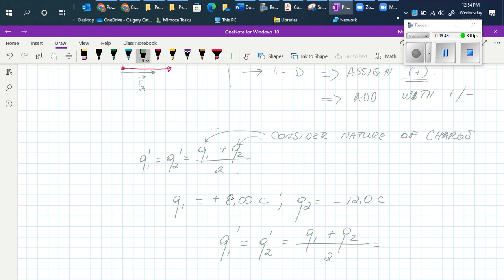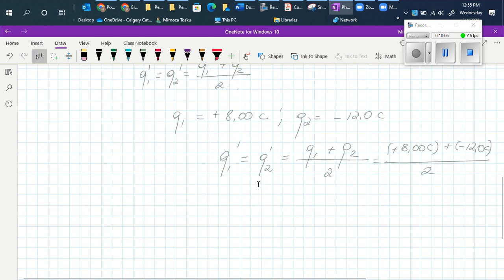Know that what we are doing here is applying the conservation law of charges. So this will be (plus 8 plus negative 12 coulombs) over 2. So the magnitude and the nature of the new charges will be minus 2.0 coulombs.